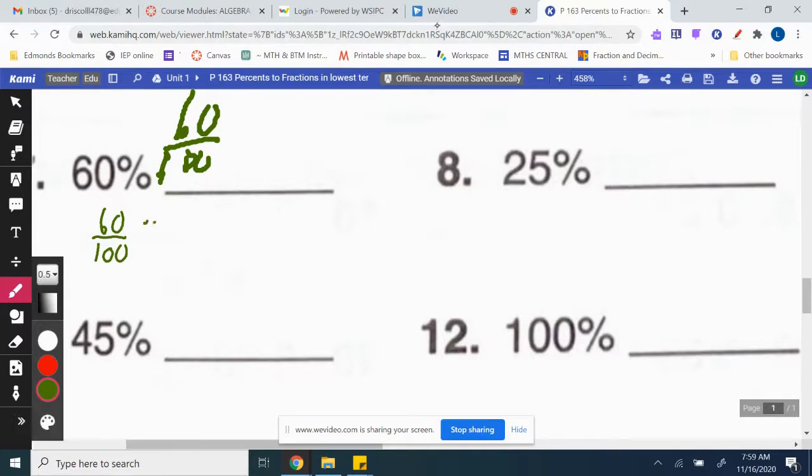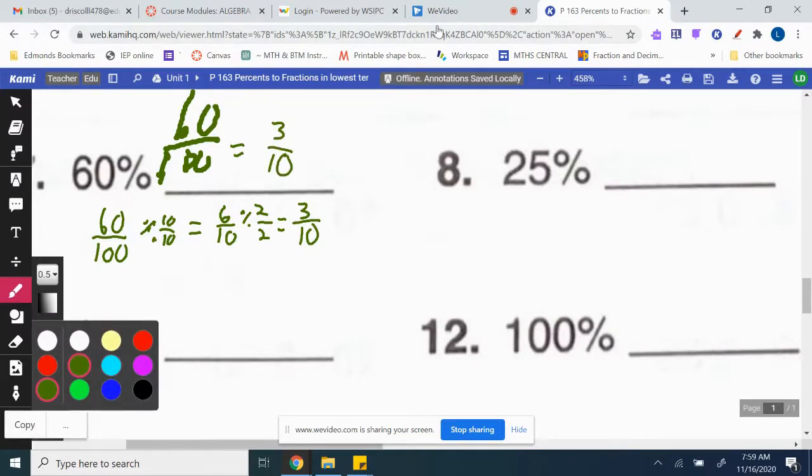So I'm going to divide by 10 on the top and the bottom to see what I get. And I get 6 over 10, because 60 divided by 10 is 6, 100 divided by 10 is 10. But I see that they're both even, so I'm going to divide them both by 2. And I get 3 over 10. 3 is a prime number and it cannot go into 10, so I know I am finished.